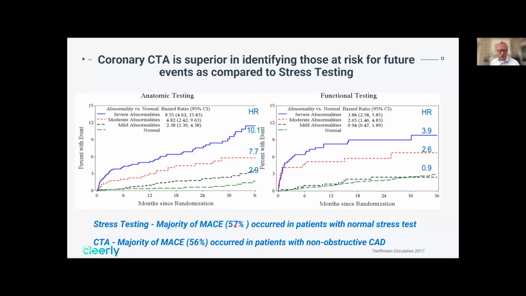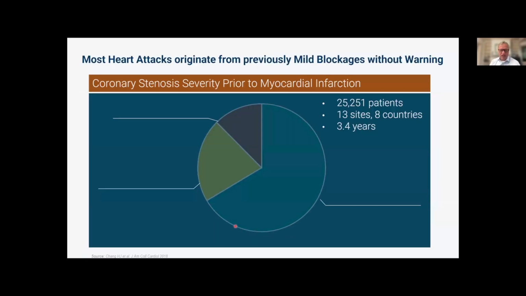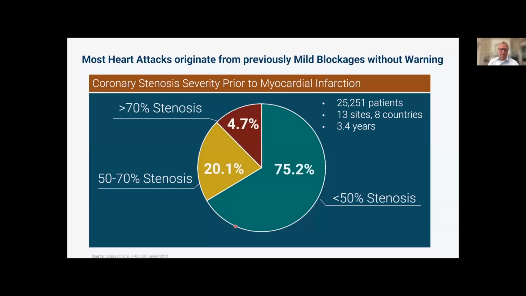When you look at the CT, though, the majority of major adverse events occurred in patients with non-obstructive CAD. Now, this is not new. These are data from the CONFIRM registry, but they are predicated by data from pioneers like Ambrose, Valentin Fuster, and others, who have shown that when a patient is imaged within 12 months before an MI occurs, the majority, in this case in the CONFIRM registry 75% of patients, have less than 50% stenosis.